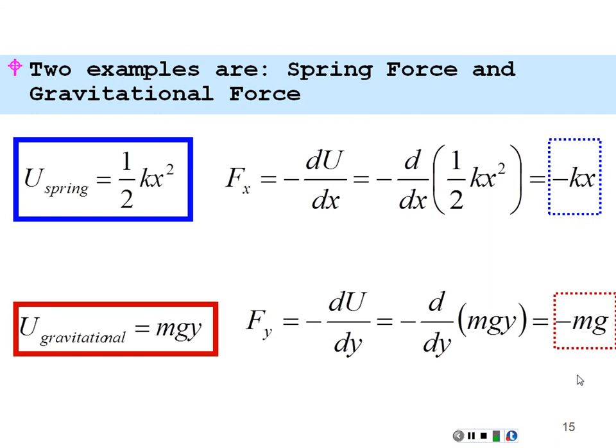The force responsible for our gravitational potential energy is mg in the negative y direction. So it's the force of gravity, mg. How about that? We did this for 2 obvious conservative forces that we've been dealing with, but if we had other conservative forces and we had potential energy functions associated with them, we can find one from the other.